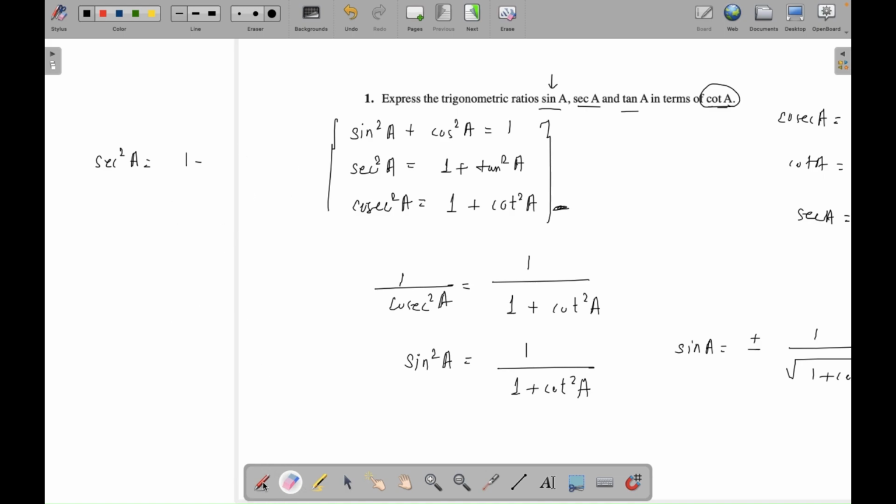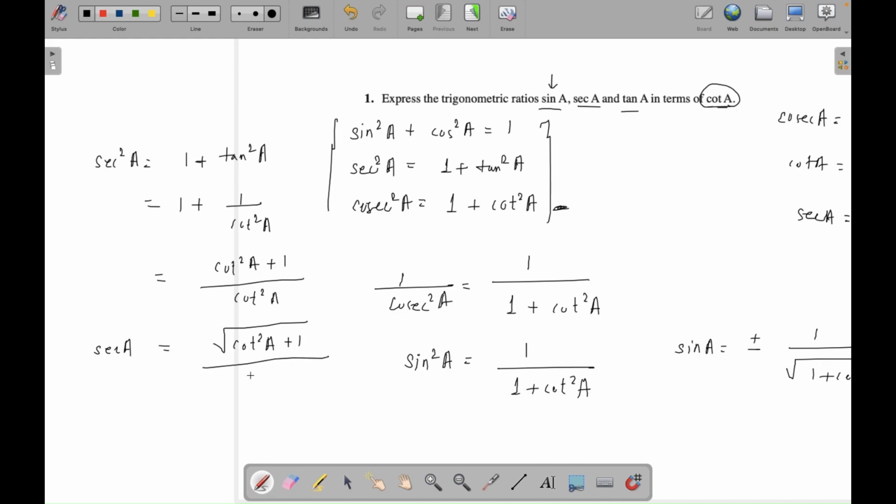So sec square A is 1 plus tan square A, right, so we can write 1 plus 1 upon cot square A. So this becomes cot square A plus 1 upon cot square A. Because this is equal to sec square A, sec A is equal to root over cot square A plus 1 upon cot A, plus minus.